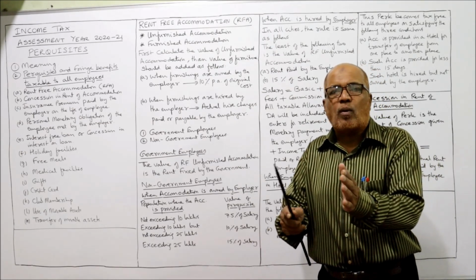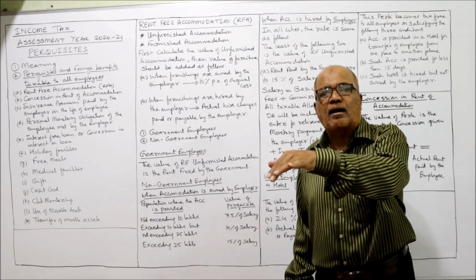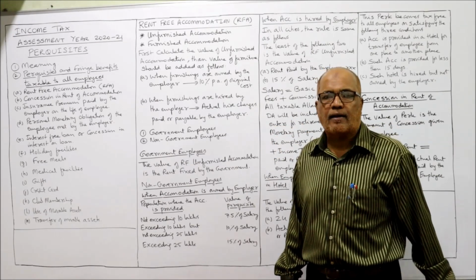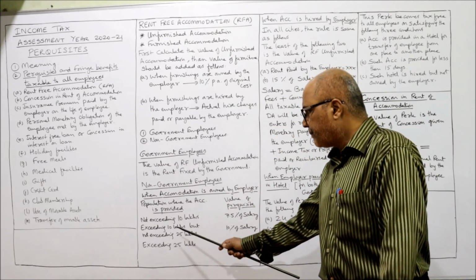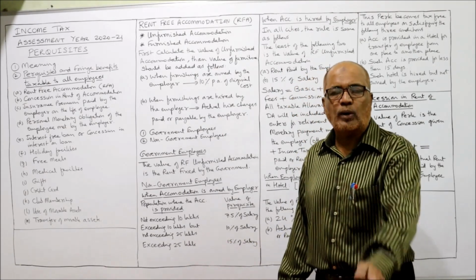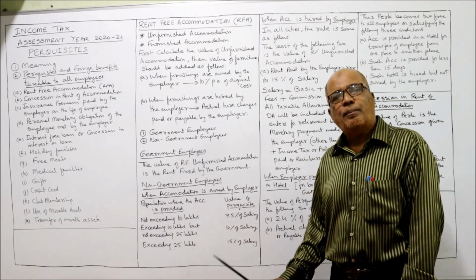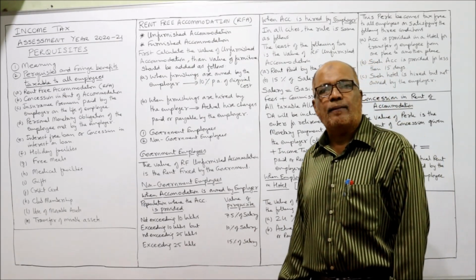If the accommodation is provided in a medium city where the population is more than 10 lakh but not exceeding 25 lakh, in that case, it's a medium town. The value of the perquisite is 10% of salary.